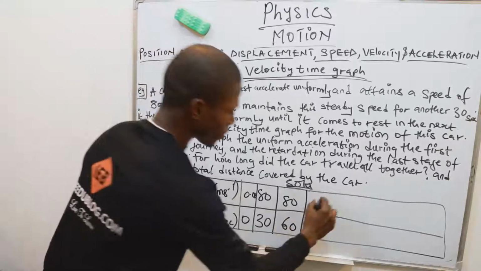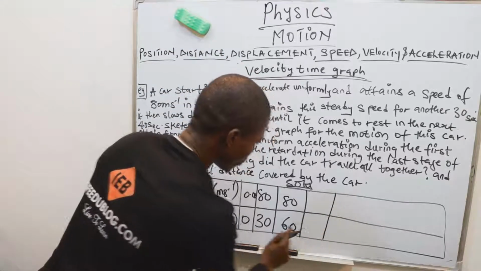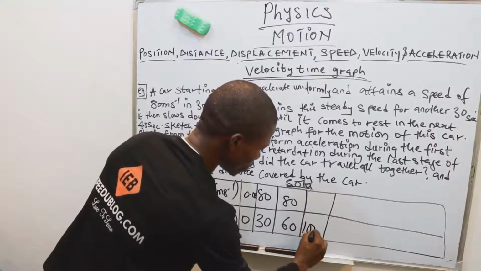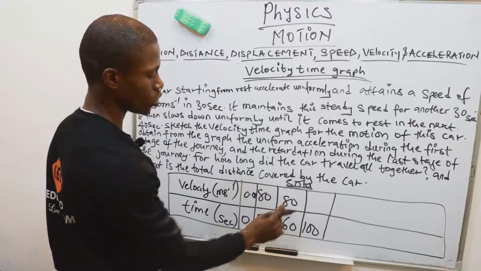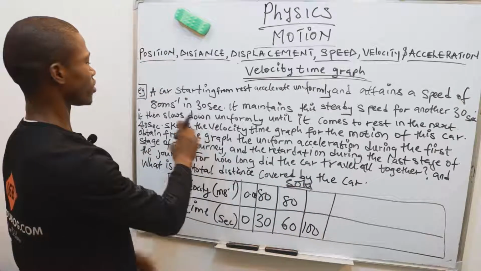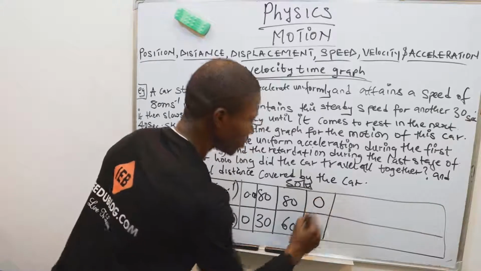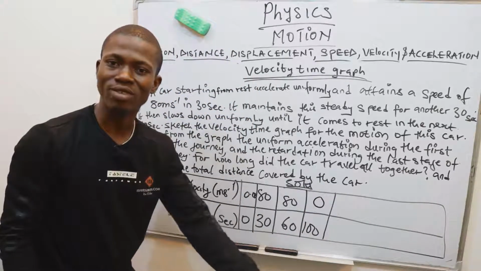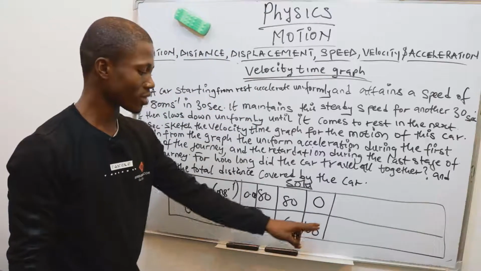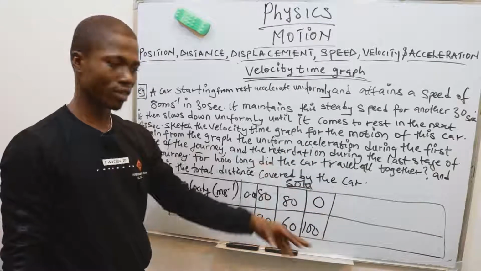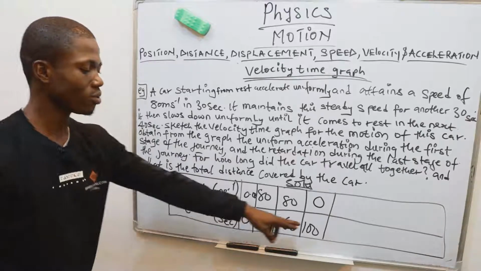So the total time now, the 40 seconds plus this 60, is 100. It slows down uniformly until it comes to rest, so here the velocity is 0. It has come to rest in the next 40 seconds, which makes our total time 100.